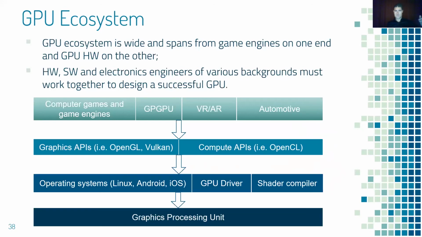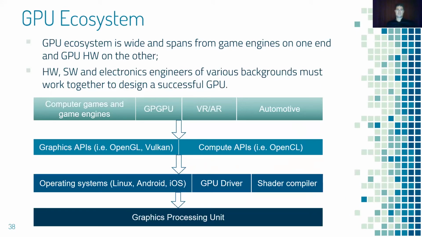So in the ecosystem, of course, on top, it's software that uses the GPU, like computer games, game engines, then GPGPU applications, VR, AR, automotive applications, and so on. Then the next layer is a graphics API, like we said, graphics and compute APIs. So they define the interfaces that those applications on top will use to speak with the GPU.